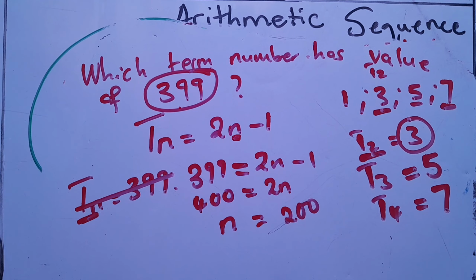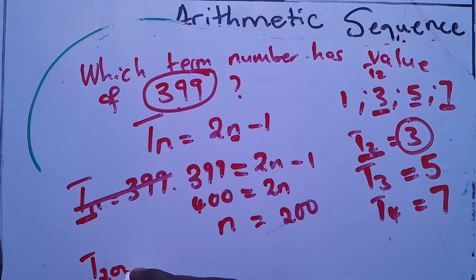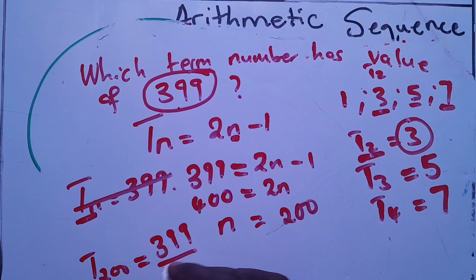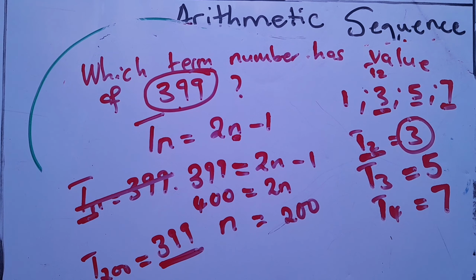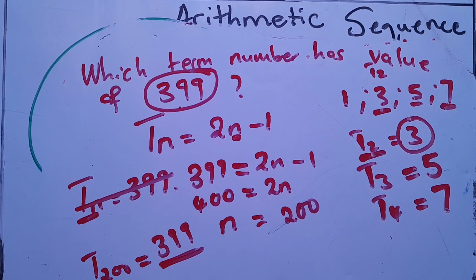So what does this mean? It means that our term number 200 has the value 399. So you don't have to confuse between the value and the term number.